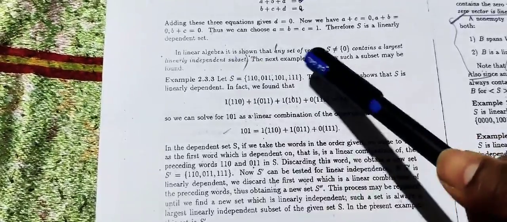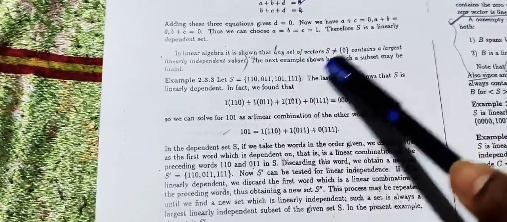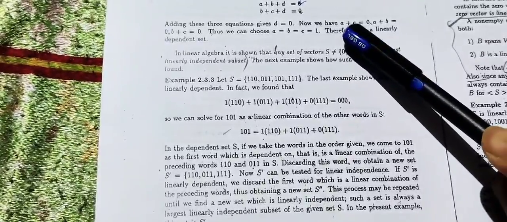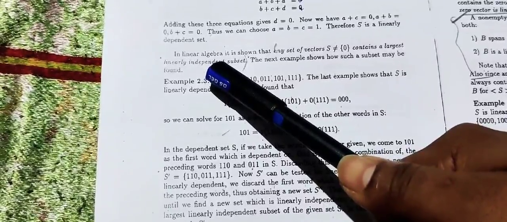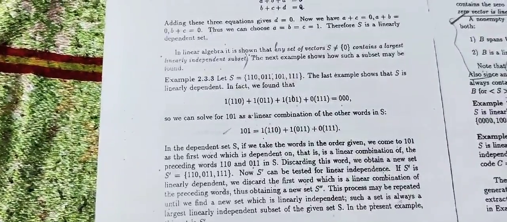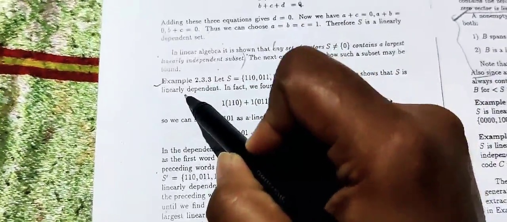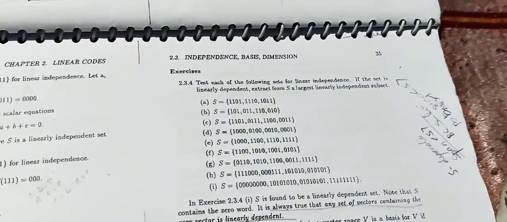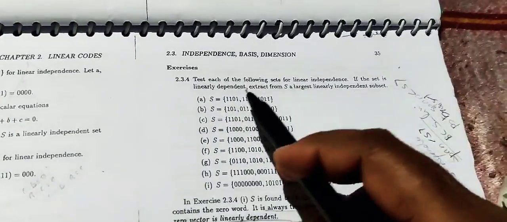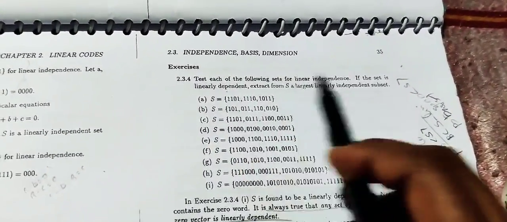Any non-zero set you take will contain a non-zero linearly independent subset. Okay, so this is an example of linearly dependent. And here are some questions, so you can verify whether it is linearly independent or dependent.